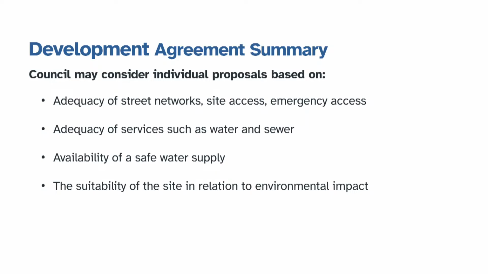Also the adequacy of services such as water and sewer, to see that there is enough water to sustain the development. In addition, to see that there is suitability regarding other environmental impacts, such as not being developed too close to a stream, or that there are no habitats at risk on that specific lot.